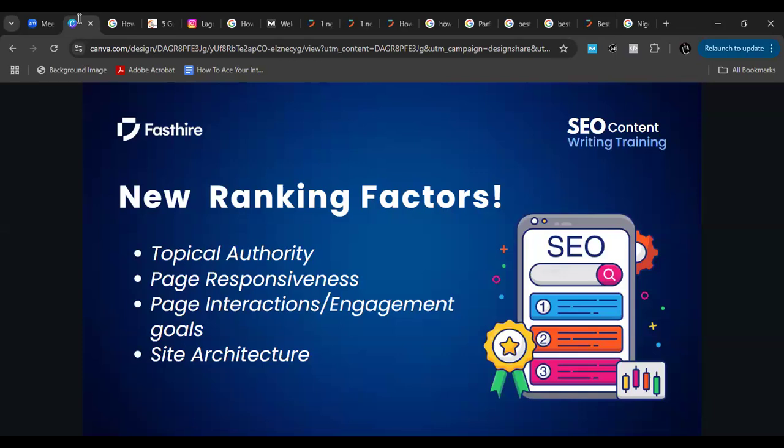Just as you can build topical authority in people's perception of you, you can build topical authority in relation to search engines. Search engines can know your site, or the site you're writing for, in terms of a topic area or a conversation area.